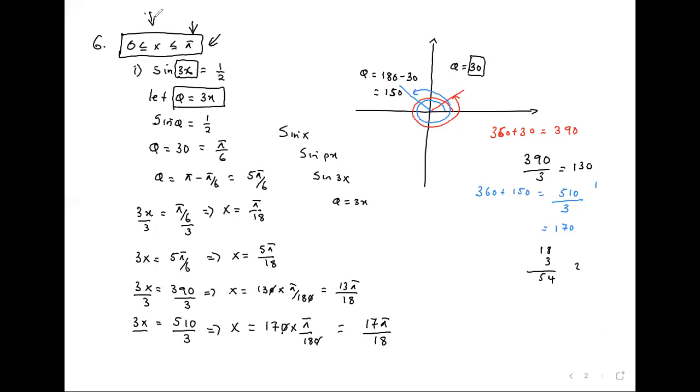If they gave us from 0 to 360, they would have gone even 3 times, so you would have maybe found about 8 angles there. But if it was just x, you would have just gone straight, which is 30 and 150. Okay, sir.